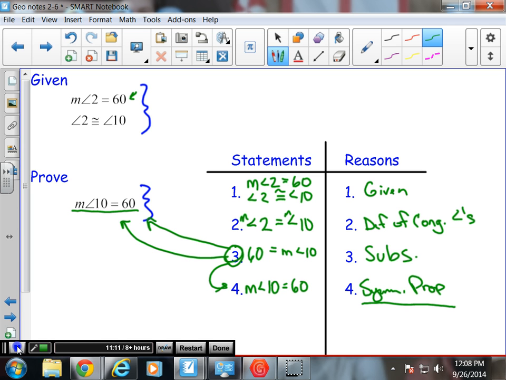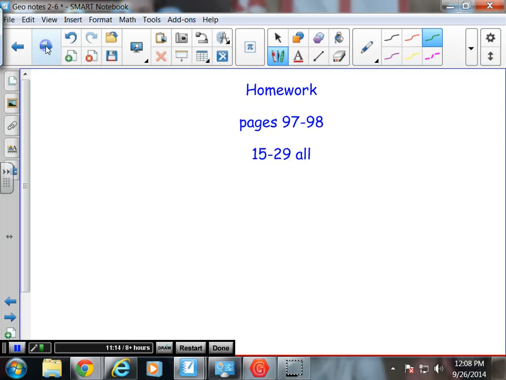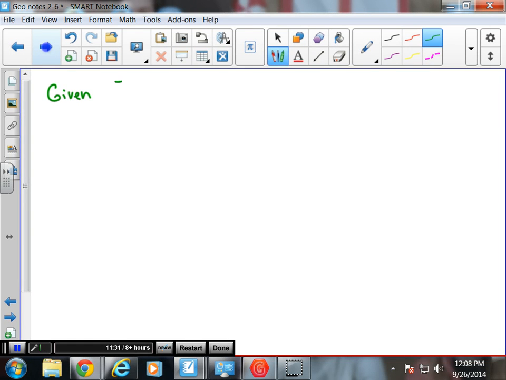All right, we're going to try one more before we get to the homework. We are given that 7/2 minus n is equal to 4 minus 1/2 n.